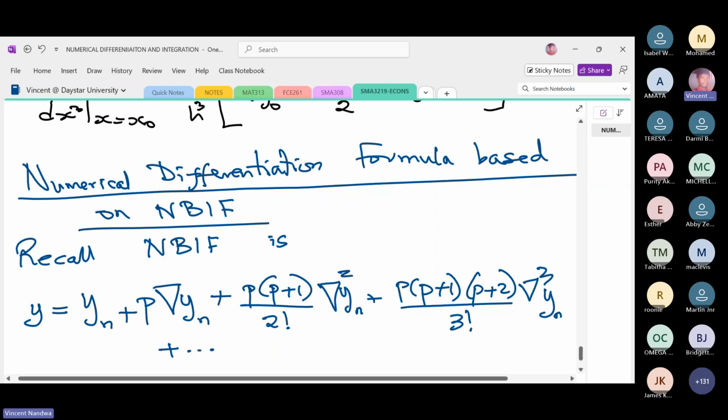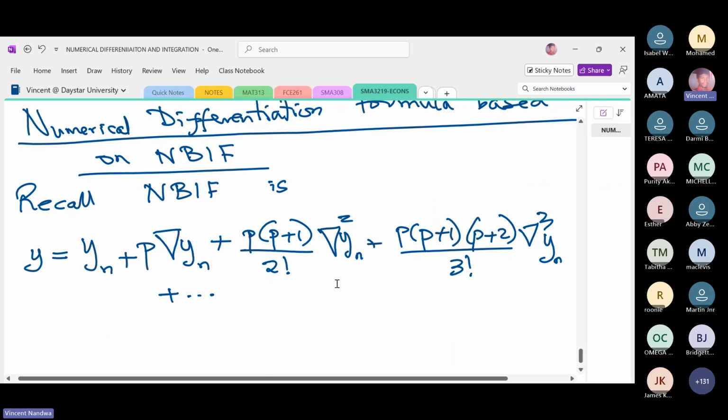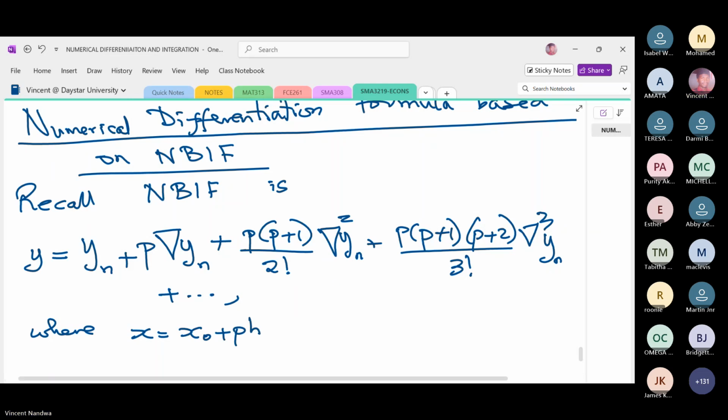Remember, this formula is incomplete if you don't specify that x is given by x naught plus ph. Whenever you are writing the Newton forward or Newton backward, or Stirling, Bessel, and Everett's formulas, always remember to give the relationship between any general value of x and the starting mesh point x naught.